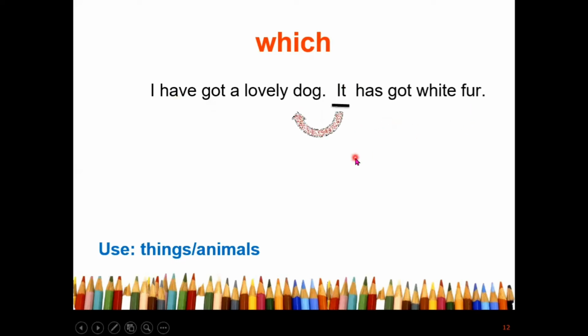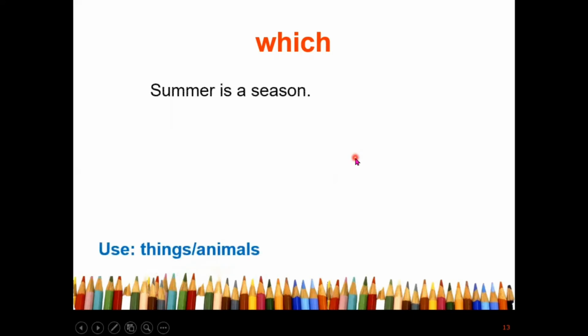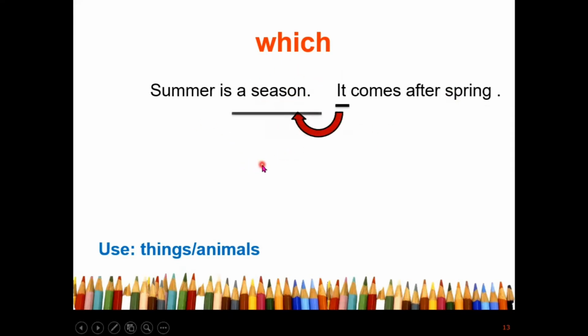Great. Another example. Summer is a season. It comes after spring. Crossed it. Perfect. Summer is a season which comes after spring.